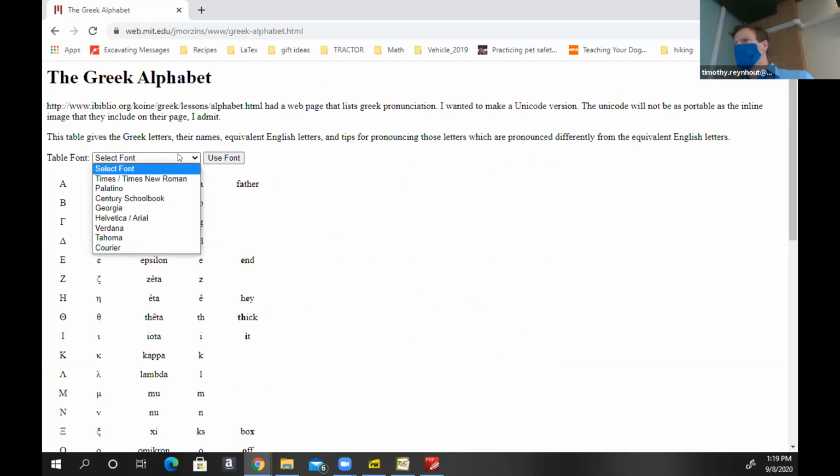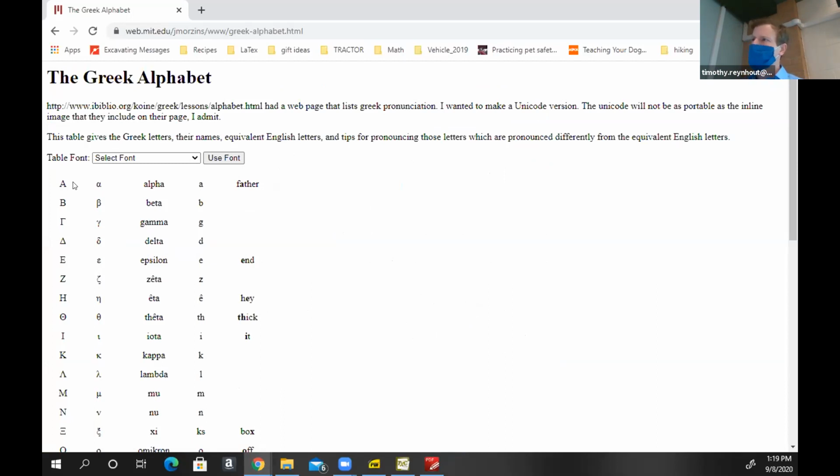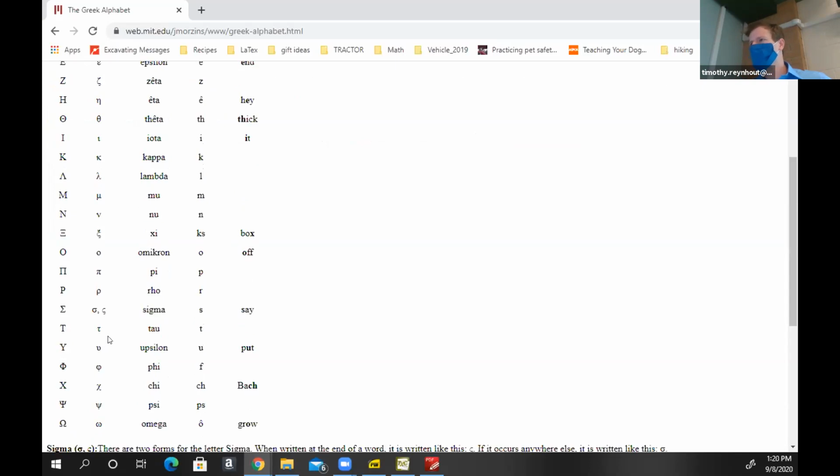You can select what font you're working in to give the various looks that the Greek letters will have, but a lot of the uppercase looks similar to what we have for the, it's not called the English alphabet, is it? Latin alphabet? Sounds right. We'll go with that. And then uppercase, lowercase. This kind of gives a nice list and lets you know what the things are going to look like.